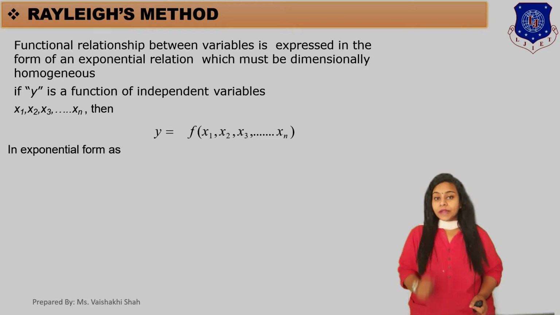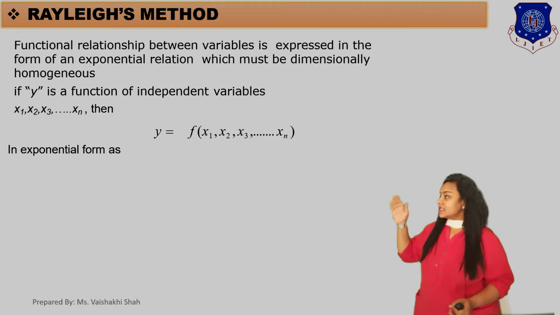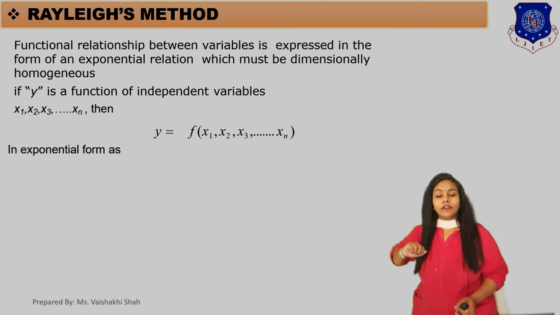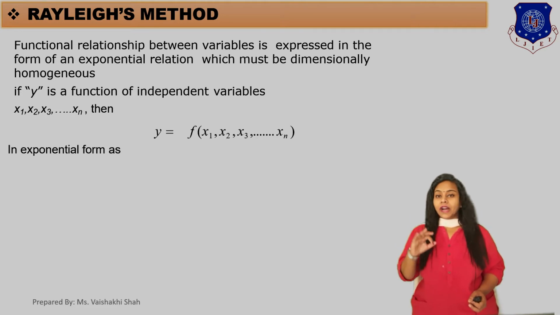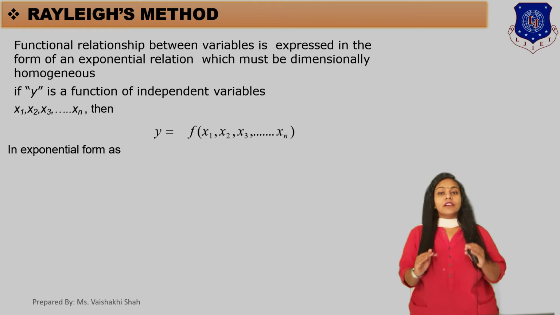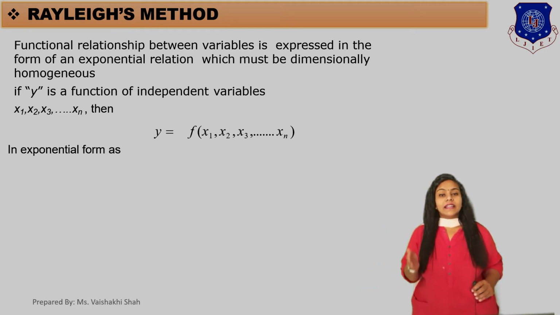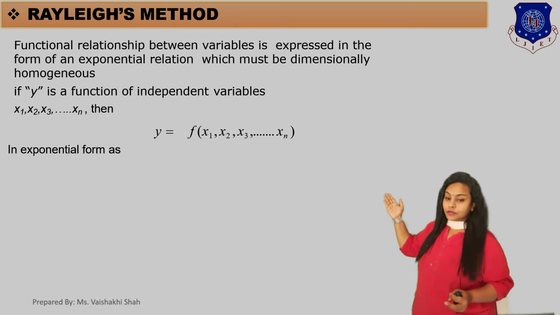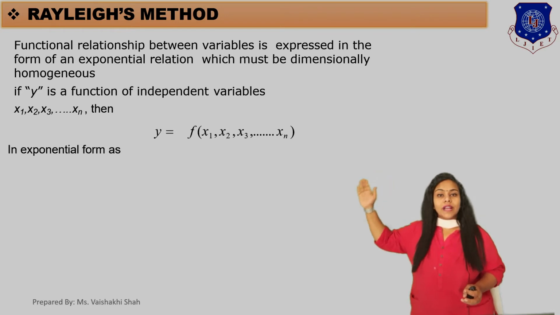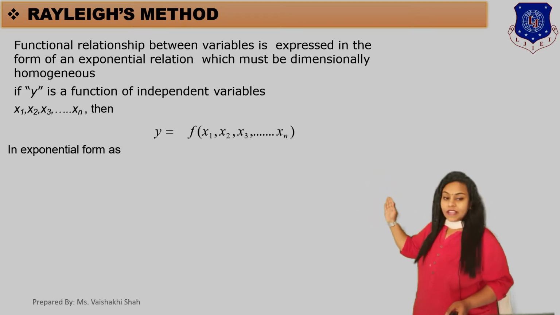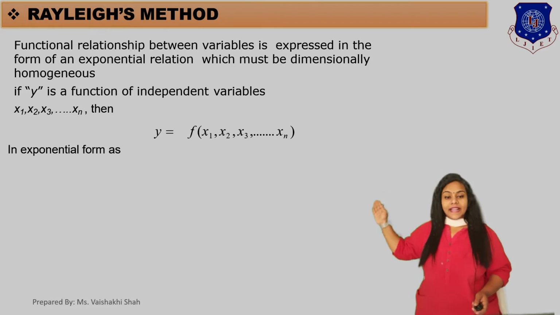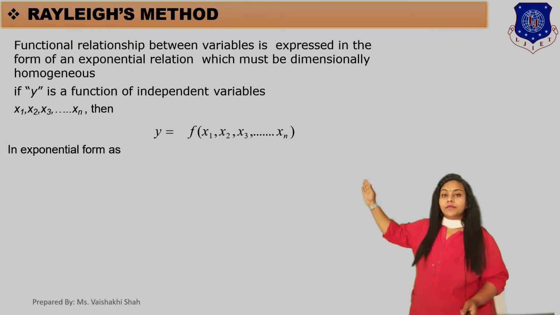Now this is in form of words, but in equation form, if y, any alphabet we are taking here y, is a function of independent variables which are not dependent on any other function, and if you are selecting y as the dependent variable, then with x1, x2, x3 up to xn, it is written as y equals function of x1, x2, x3 up to xn.